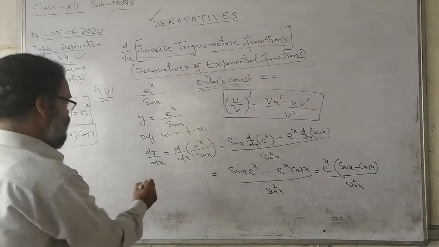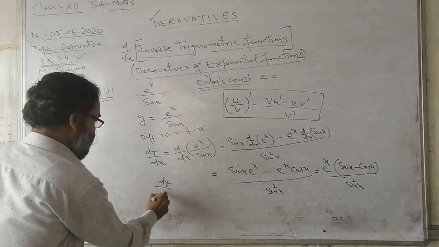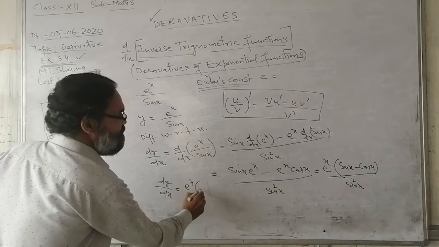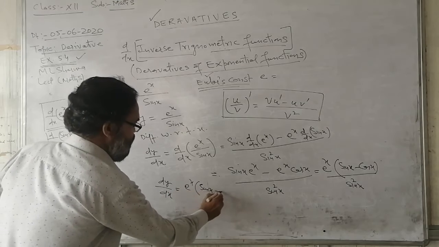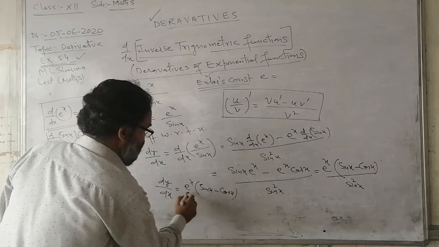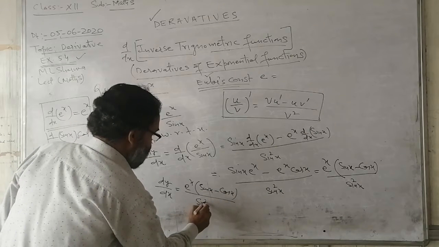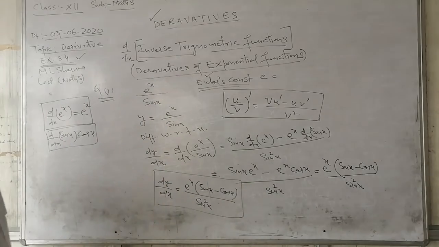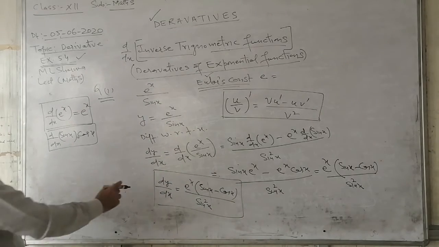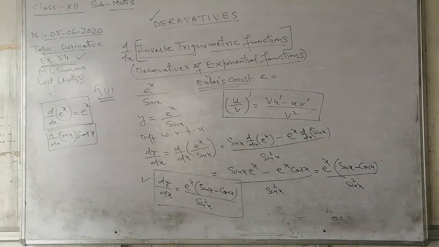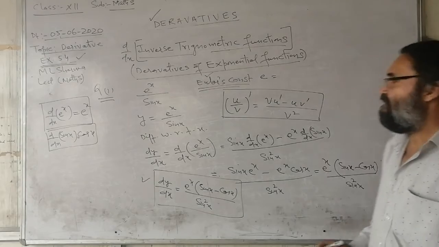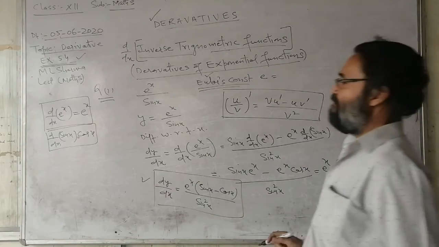So the value of dy upon dx is equal to e power x (sin x minus cos x) upon sin square x. In this way, the derivative of the given function is to be calculated. This was the first question of exercise 5.4.